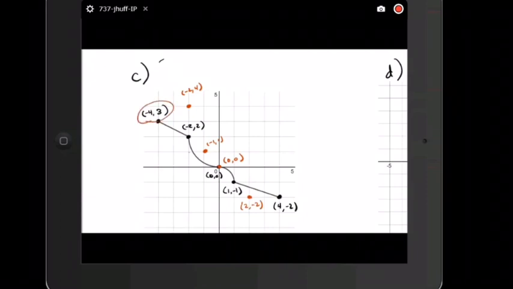And then this point, switch the place of x, y, we get 3, -4.